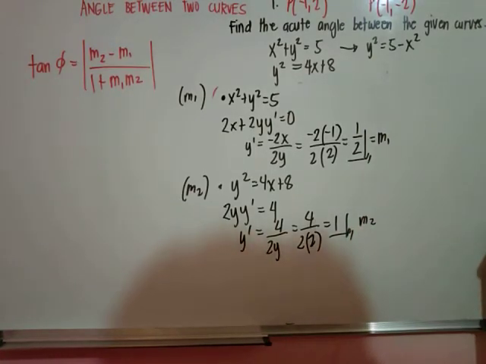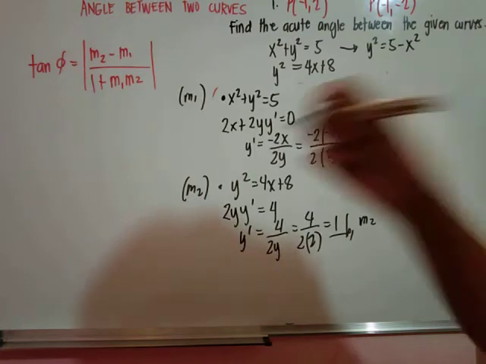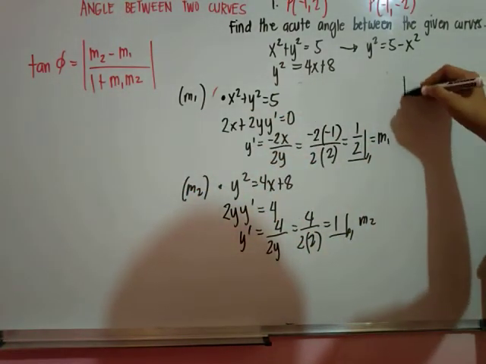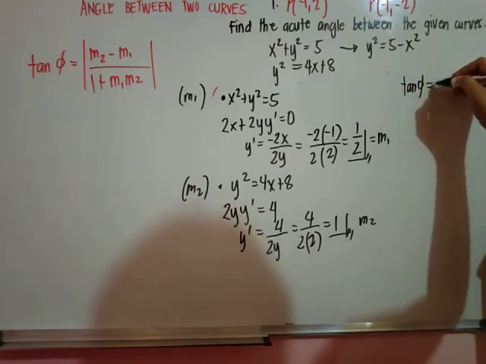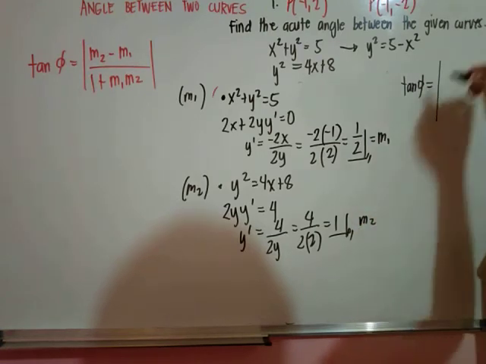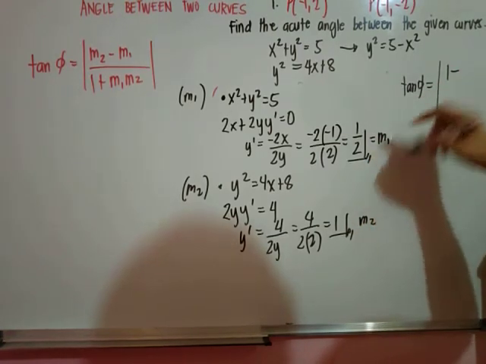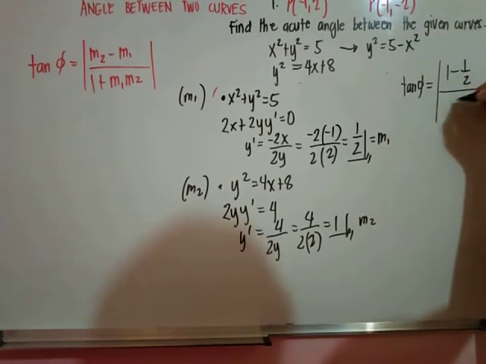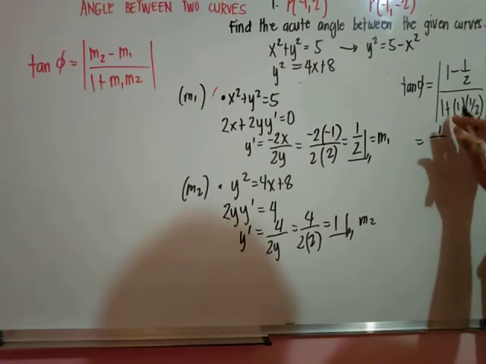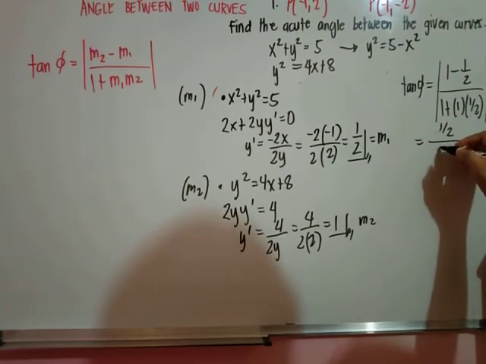So, pag sinubstitute natin dun, we have the tangent phi is equal to the absolute value of m sub 2 minus m sub 1, which is 1 half, all over 1 plus 1 times 1 half. So, we have 1 half over 1 plus 1 half is 3 halves.